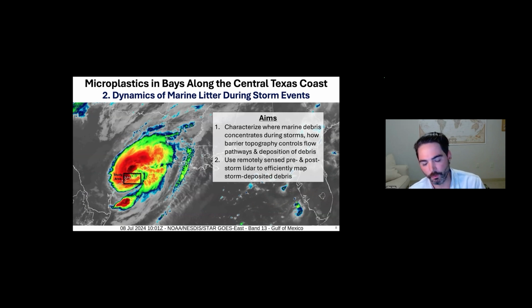And so we wanted to go out and collect field data and couple that with our remote sensing data to analyze how plastic debris or marine litter is deposited due to a storm, and how barrier topography controls where this debris is routed and ultimately deposited. And so we have a very unique data set that's coupled with this. We have a pre and post storm LiDAR data set that we can ultimately use to map these litter deposits.